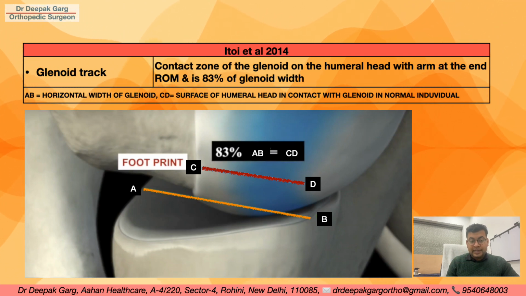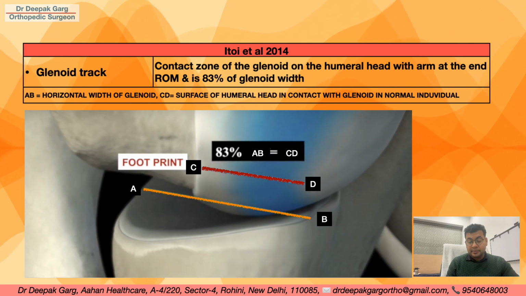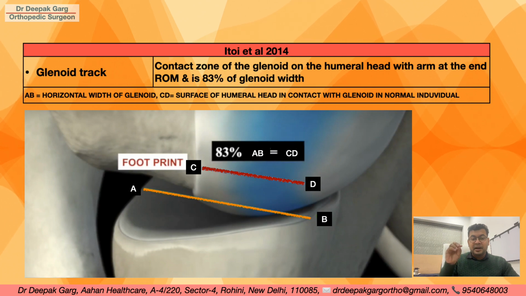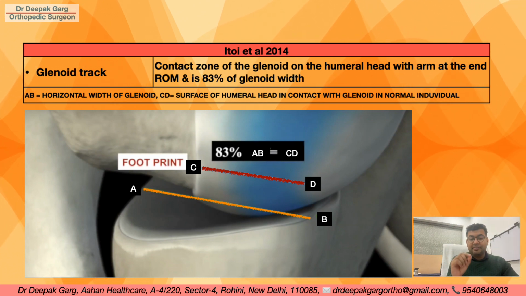So CD should be 83% of AB, and we calculate C starting from the footprint on the humeral head. The footprint is where the rotator cuff is attached on the humeral head.